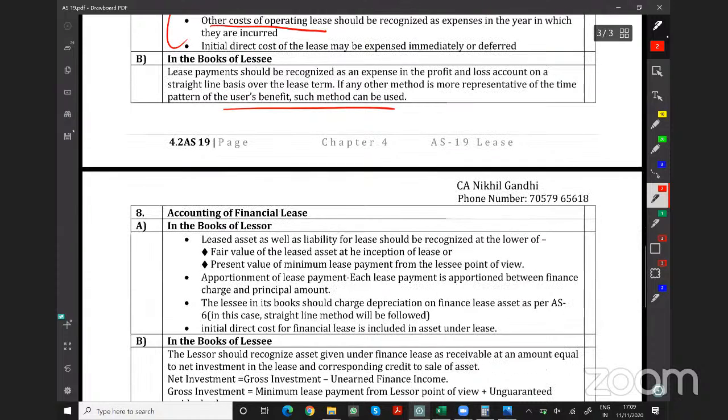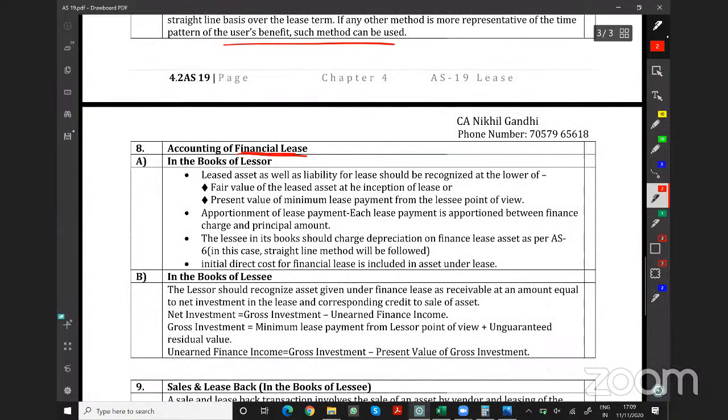That's all. But in case of financial lease, see, on paper, in the legal context, I am the owner, but the actual owner is my brother. I am not the actual owner of the property.